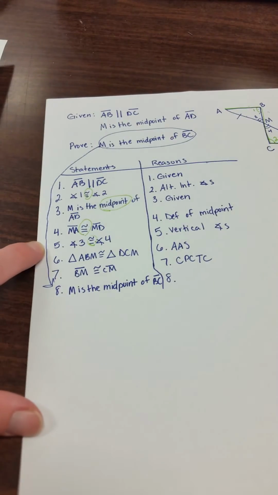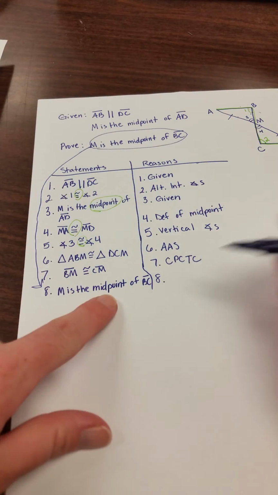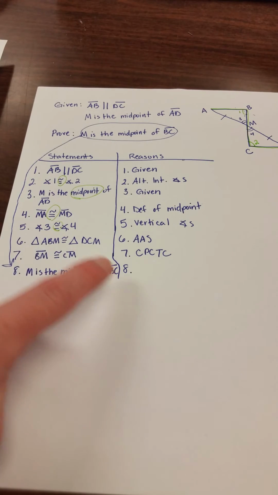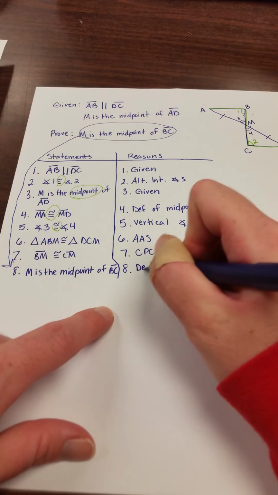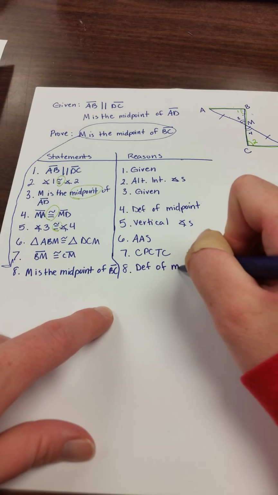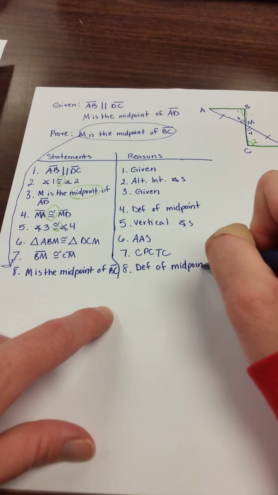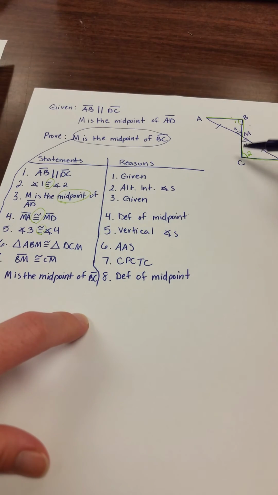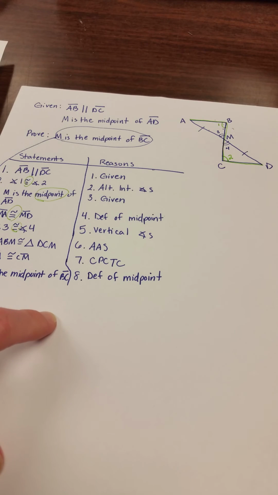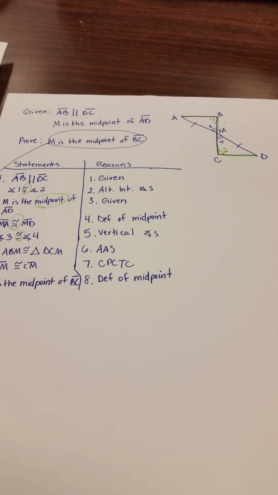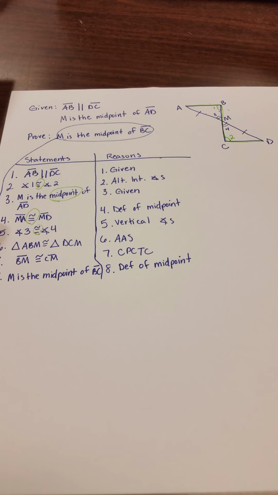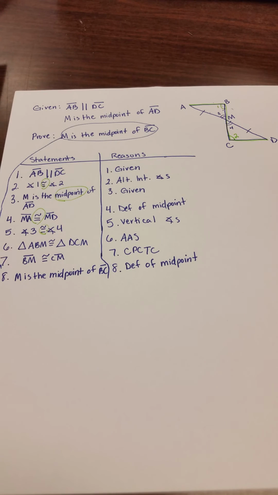And we know that because that's what it means to be a midpoint. Definition of midpoint. Since these two segments are congruent, that means M is in the middle, so that's the definition of midpoint. So this is what a longer proof is like using CPCTC.